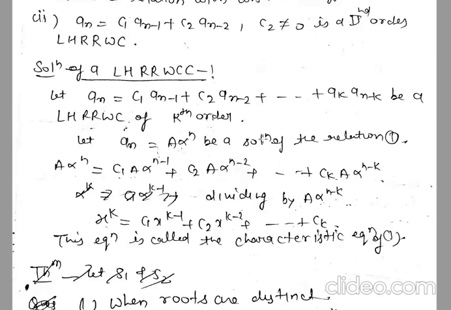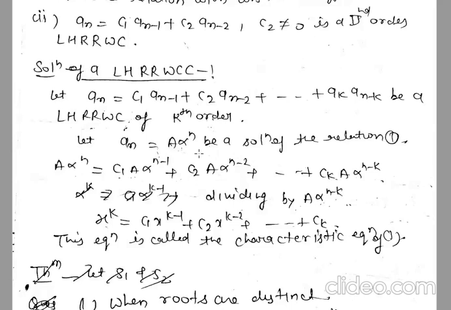We consider the solution of this series to be of the type An is equal to A alpha to the power n. We are just considering that this series has a solution, because we don't know it yet; we have to find the solution.